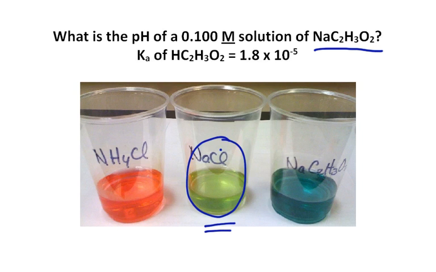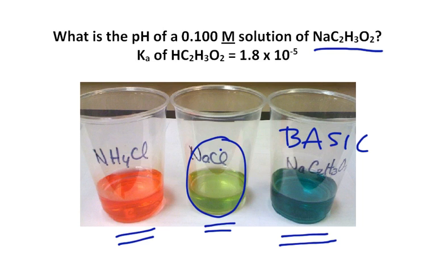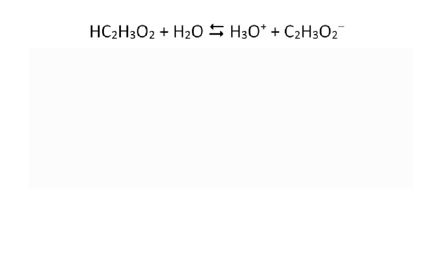If we put in some ammonium chloride, that actually makes the solution acidic. And the situation we're looking at right here is sodium acetate, and it turns out that that actually makes the solution basic. So first step here is to realize that if we have a sodium acetate solution, that's going to change the pH.